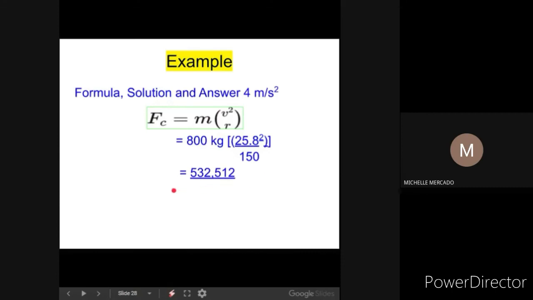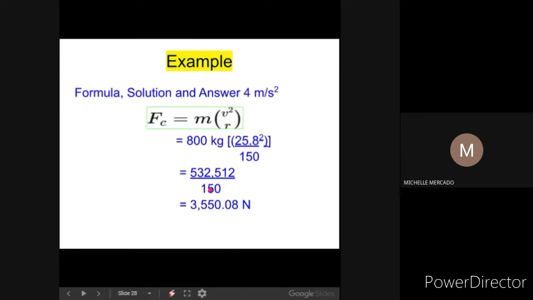So the answer will be 532,512 divided by 150. So the answer is 3,550.08 Newton.